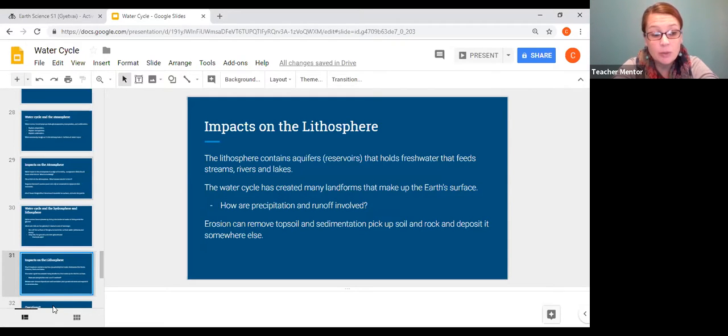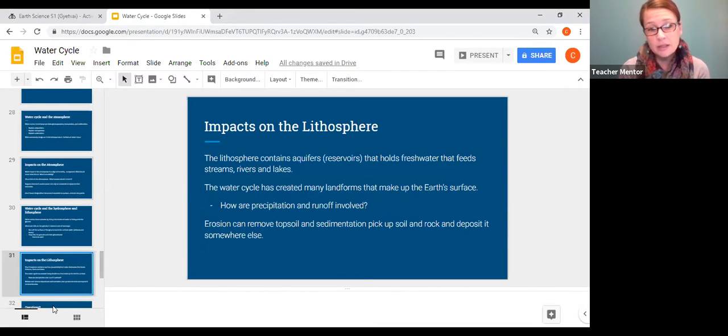Precipitation and runoff. Water is a pretty strong element, and so after years and years of falling on something, or having a lake or a river run through something, it's going to get smaller and smaller, like a river rock.